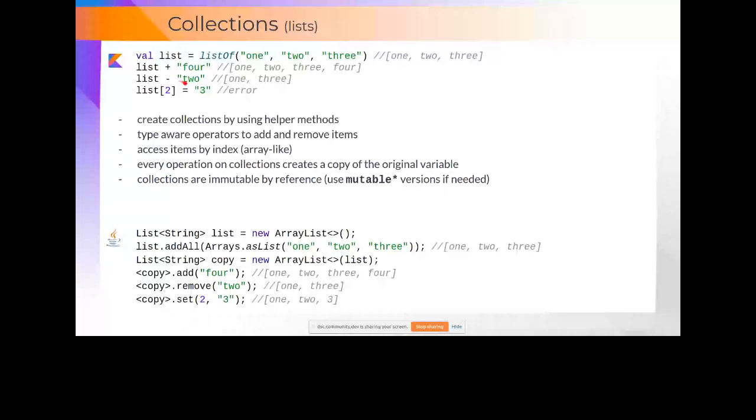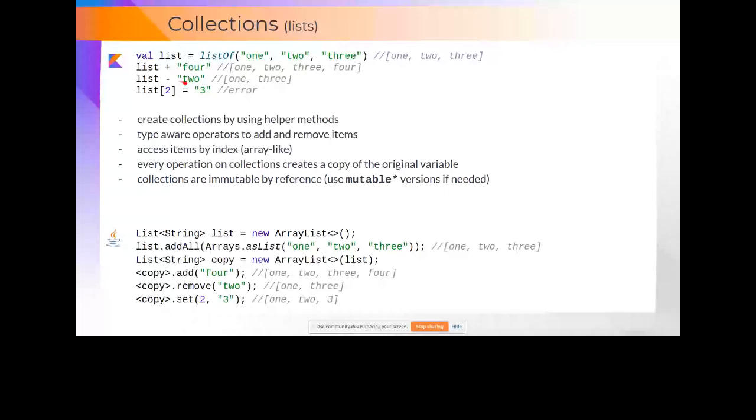Of course, in Java, there are some ways you can get the same behavior. And in Kotlin, you can also use mutable lists, mainly using helpers with the mutable prefix, like mutableListOf.